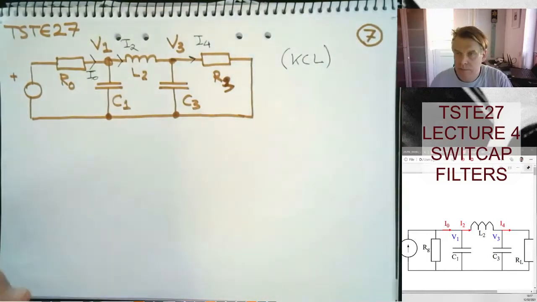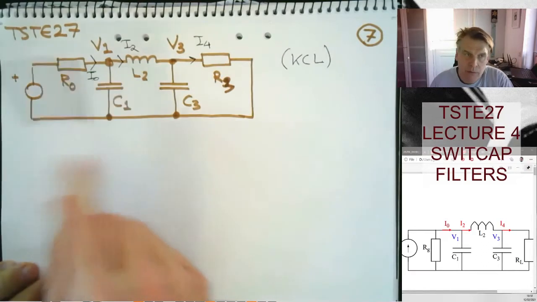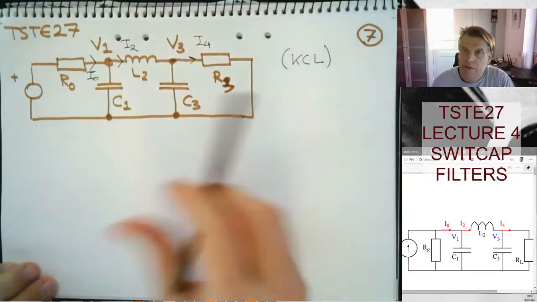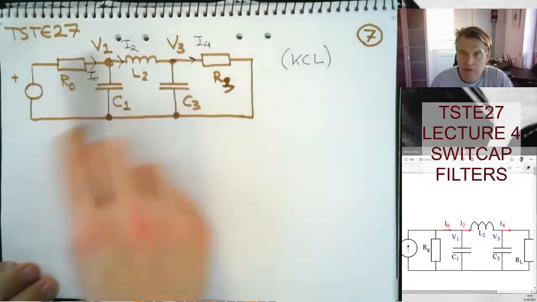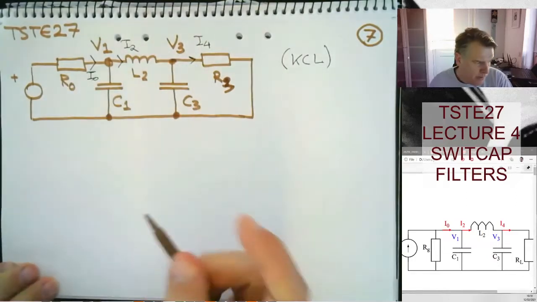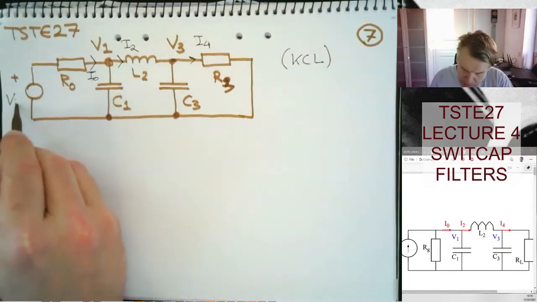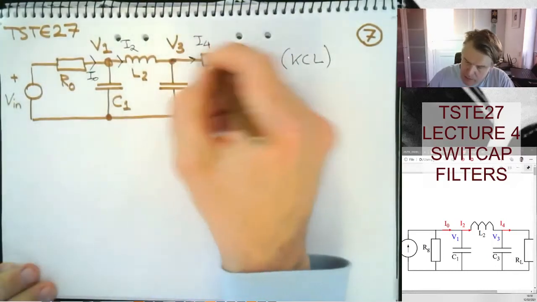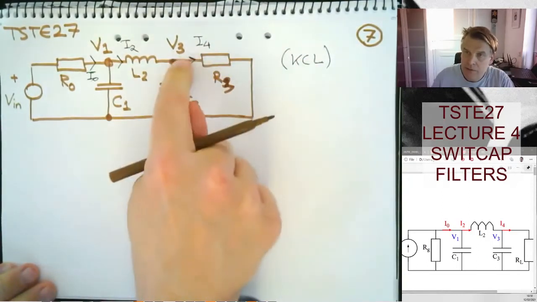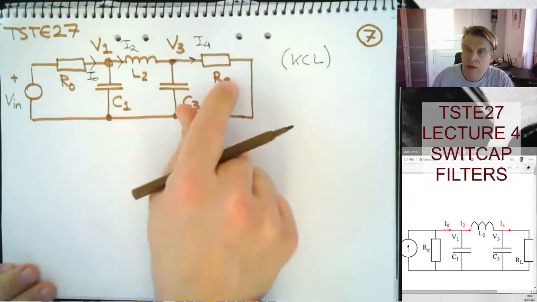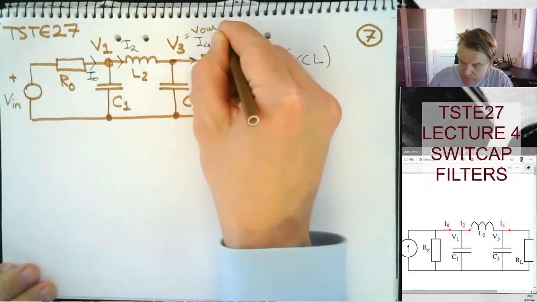The currents are at the summation points, like they were for our accumulator or integrator. So I have a summation point here and a summation point here. This is my V in, of course, and V out is taken across this resistor. Assuming ground here, we see that V3 is the output. So if we like, V3 is V out.